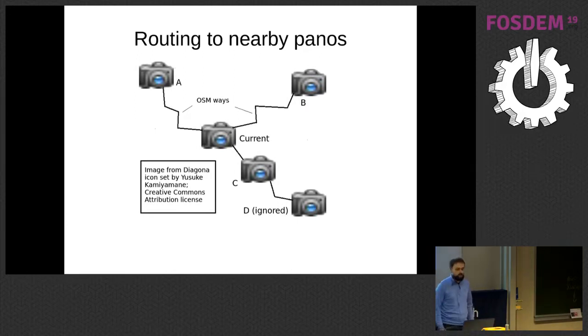So clearly, we don't want the current one to be connected to D, because it's not connected directly to D, it's connected through C. So what we do is we filter out, if we have more than one panorama along the way in a particular direction, we only take the nearest, and we filter out any further ones in that direction.